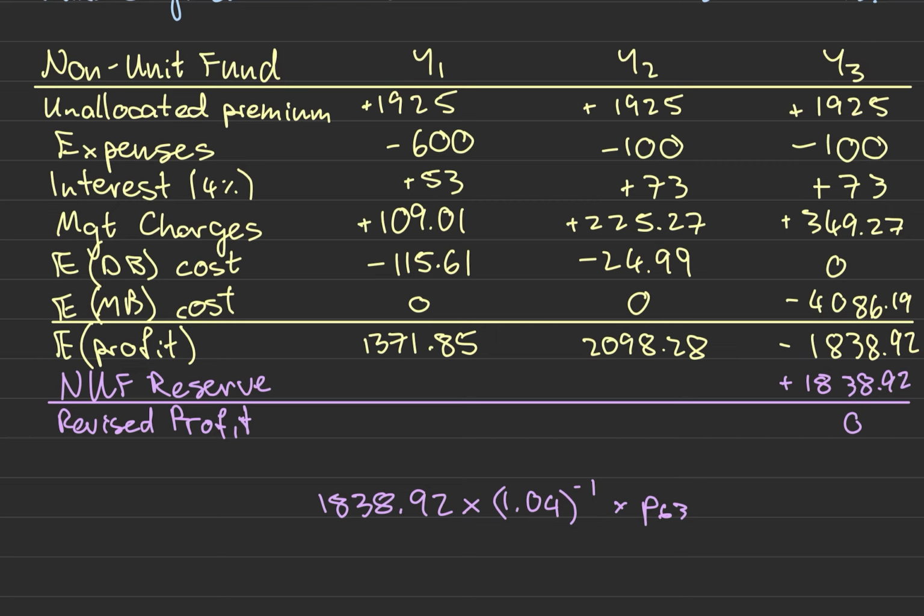Okay, fine. So if you type that in your calculator, this here comes to 1768.192308, and then you multiply it by this probability and it becomes 1748.13, and then this is subtracted from this year's profit to get this year's figure.